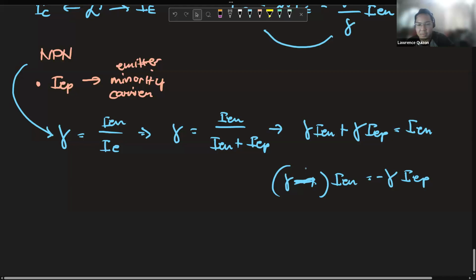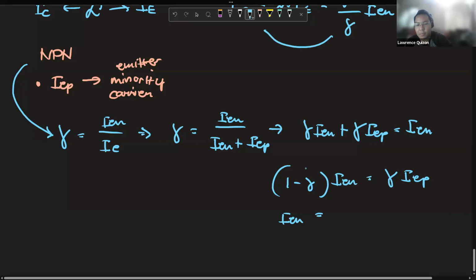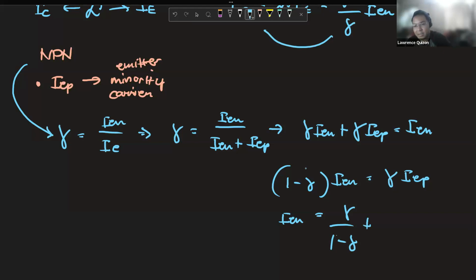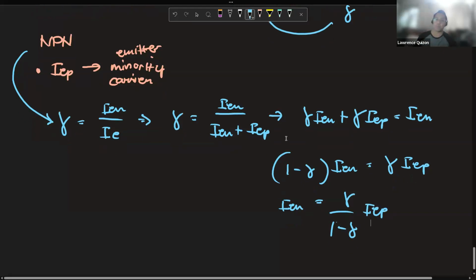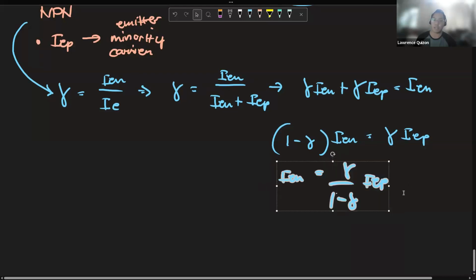Hindi ko ma-erase. And 1 minus gamma times IEN equals gamma IEP. So then, we can get IEN from gamma over 1 minus gamma times IEP, right? So if we wanted to get IEN from IEP, we got that na.